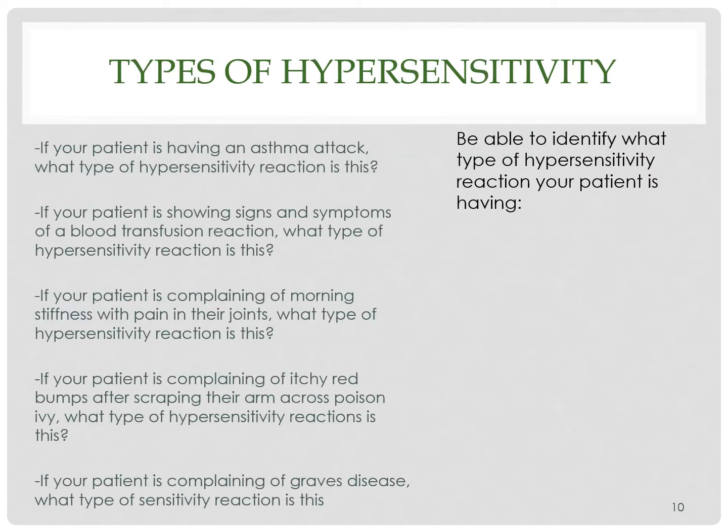Okay, so we're talking about the different types of hypersensitivity. This one says, if your patient is having an asthma attack, what type of hypersensitivity reaction is this? If your patient is having an asthma attack, that is going to be an immediate reaction to an antigen, to a trigger, to something. So triggers for your asthma attack can be allergies, right? So this is a type 1, or IgE mediated.